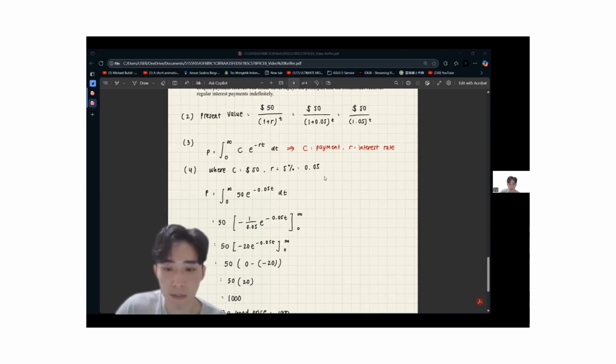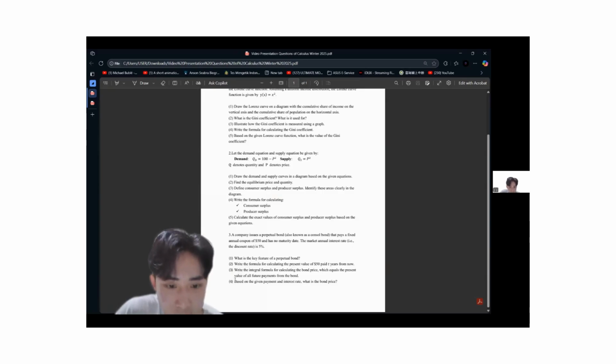The integral sums the value of all payments from today, t equals 0 to infinity. So the next one: based on the given payment and interest rate, what is the bond price?